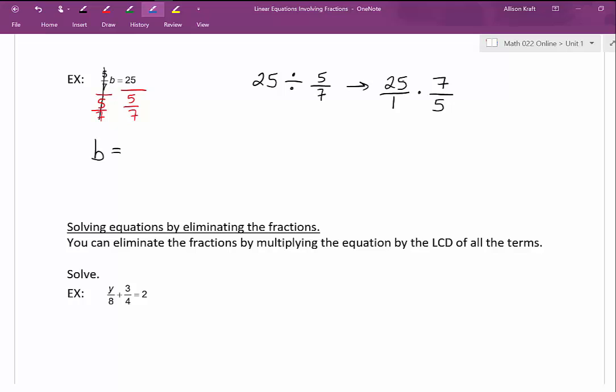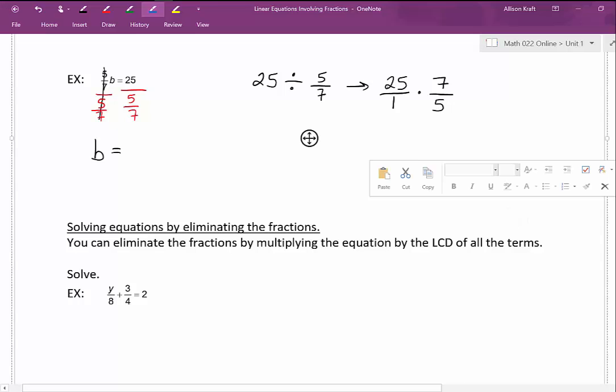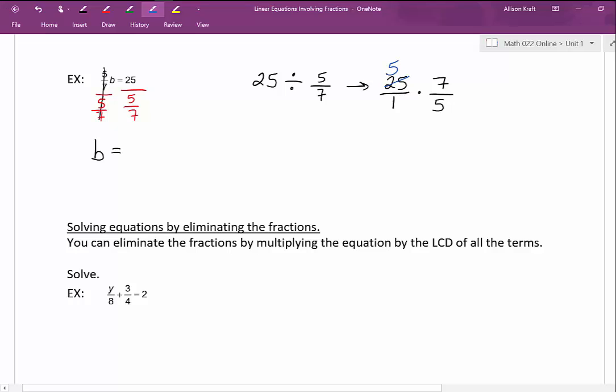I see that 25 and 5 are both divisible by 5, so I'm going to go ahead and do that simplification first. 5 goes into 25 5 times. 5 goes into 5 1 time. Now, when I multiply straight across, I get 35 over 1, or simply 35. That gives us a solution of b equals 35.